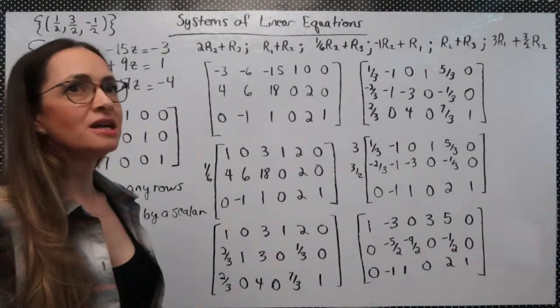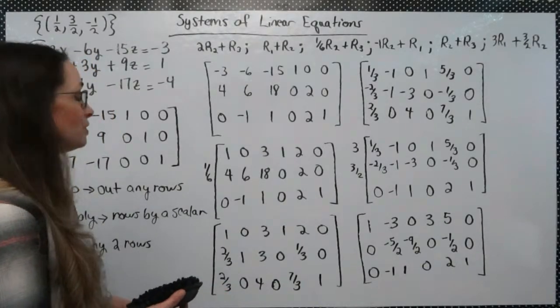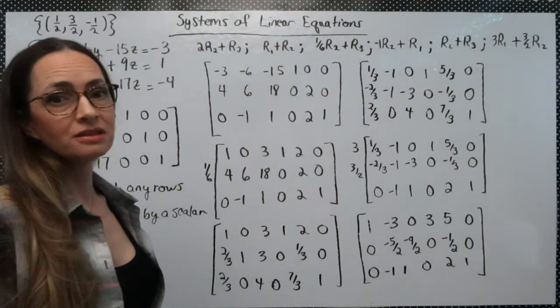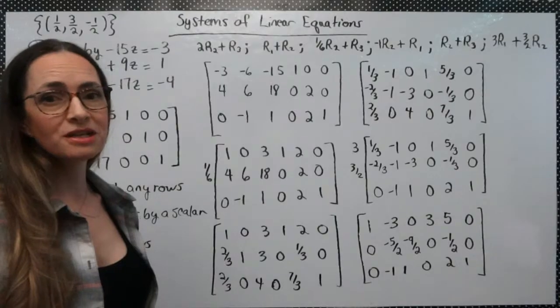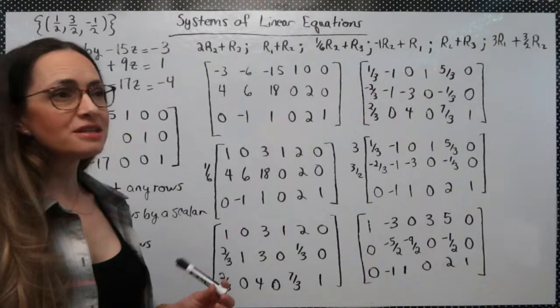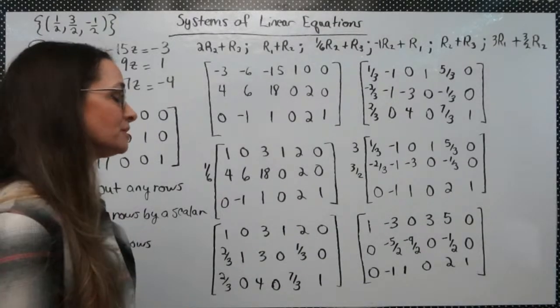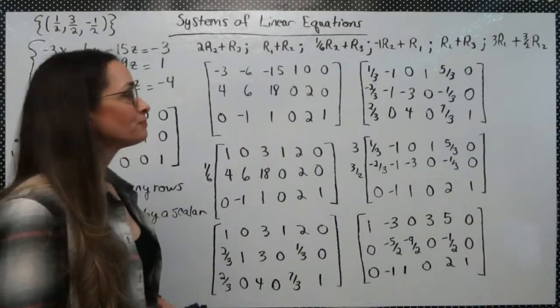However, I'm using a different method of finding the inverse. We're using this method called Gauss-Jordan Elimination. Honestly, I don't know if I'm pronouncing Gauss correctly or not. I probably need to look at that.